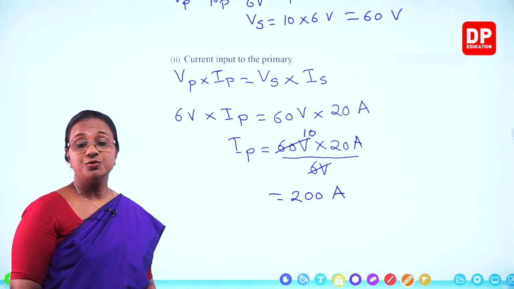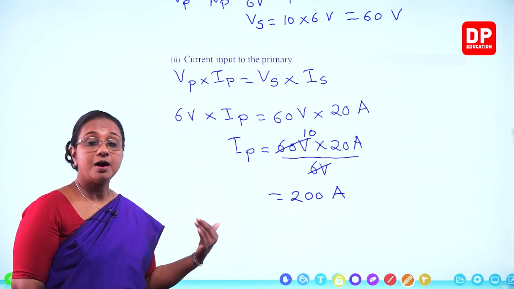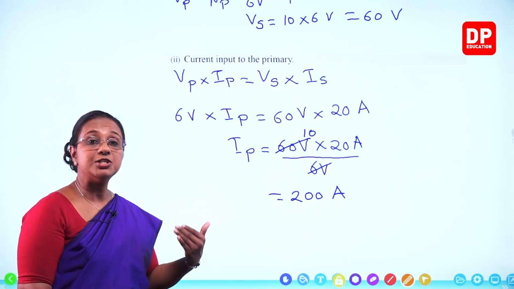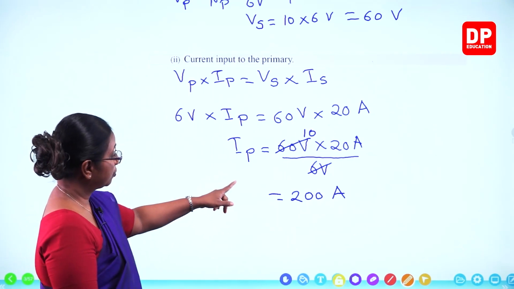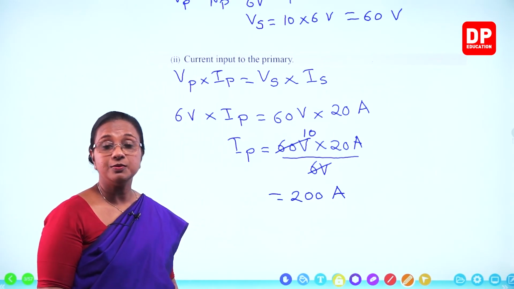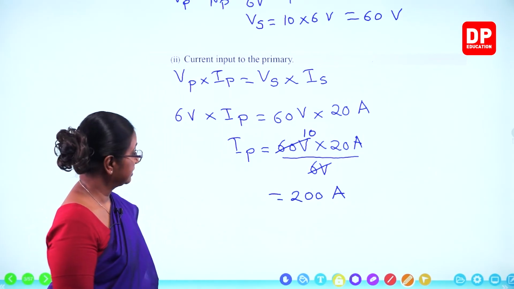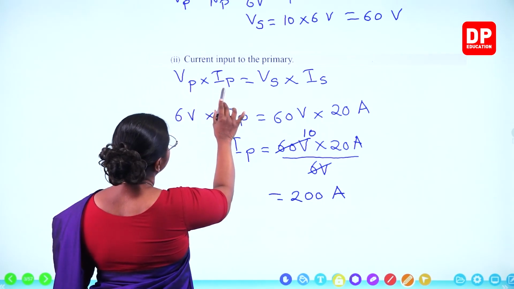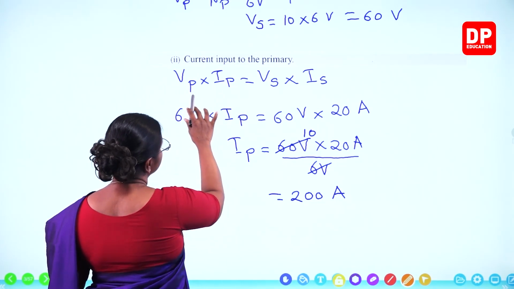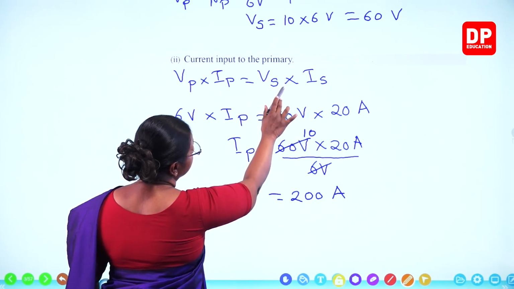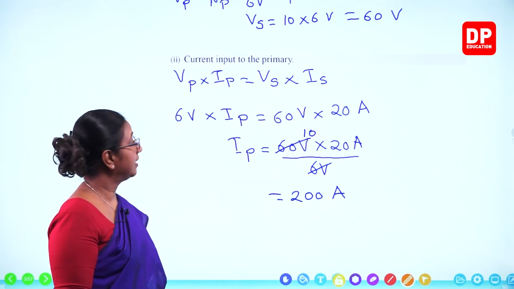That also you all know, we have discussed. When the number of turns is 1 is to 10, current will be 10 is to 1. So primary current 200 amperes, secondary current 20 amperes. Is that clear? So we use this equation, V primary into I primary, that is voltage primary into current primary, equals voltage secondary into current secondary.